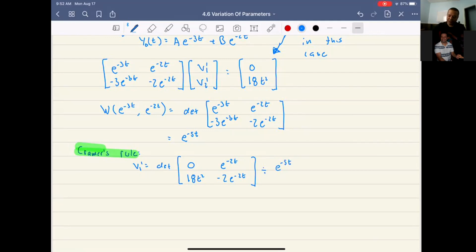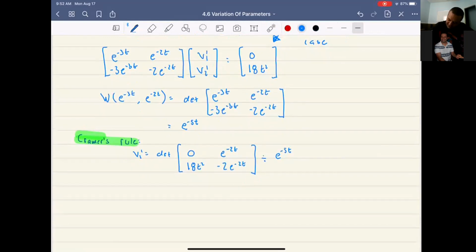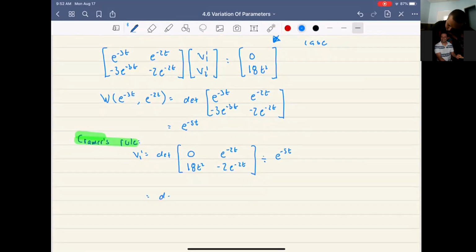Okay, so negative 18t squared e to the negative 2t. Oops, sorry, no more determinant. So that's going to be negative 18t squared e to the 3t. Okay.